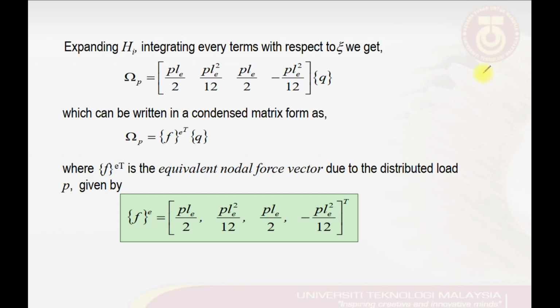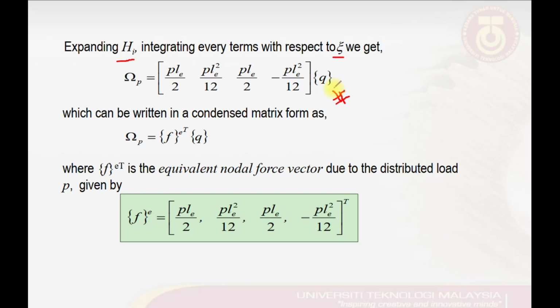Furthermore, if we expand the Hermite function terms Hi from the previous slide and integrate every term with respect to the natural coordinate system, we finally get the first equation in the slide.